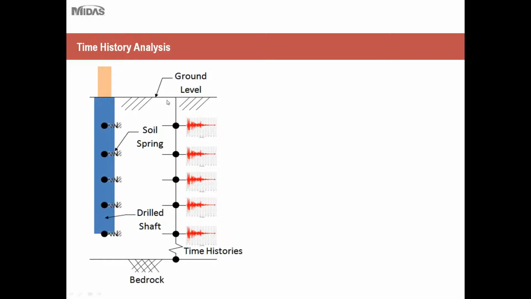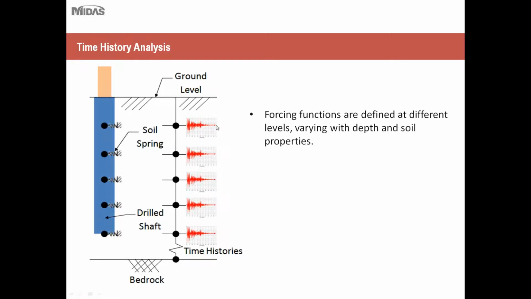Going on, something very unique about seismic analysis in general is the use of soil springs and forcing functions as well. Here we have an example of a driven shaft pile or a drilled shaft, and here we have several soil springs modeled on these nodes. Essentially, a soil spring simulates the damping or vibration acting on your structure.